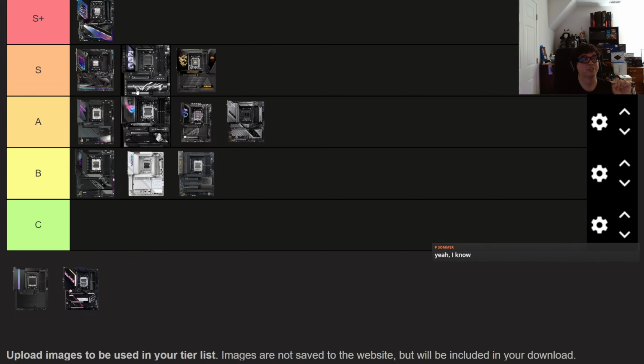The only motherboards that ensure 16 lanes no matter what are the ASRock motherboards, so Nova, Taichi, Taichi Lite, and the MSI Godlike, because the Godlike has godlike powers to prevent the GPU from losing lanes when all 5 M.2, because this thing's got 5 M.2 slots, just like the Nova, and you can populate all 5 of them, and the GPU will still run X16 on the Godlike.